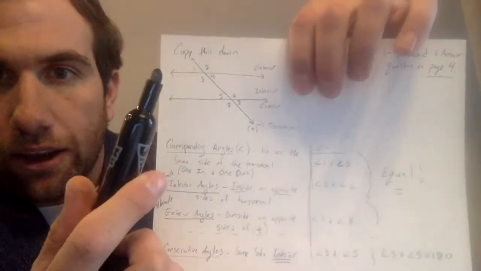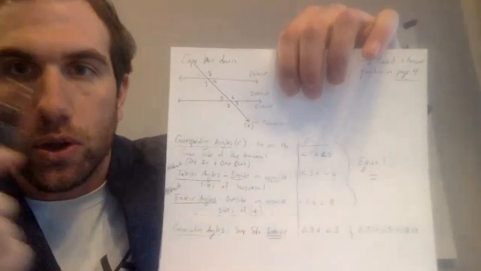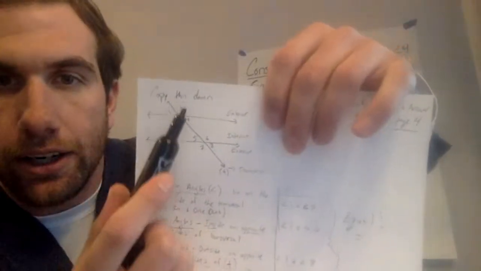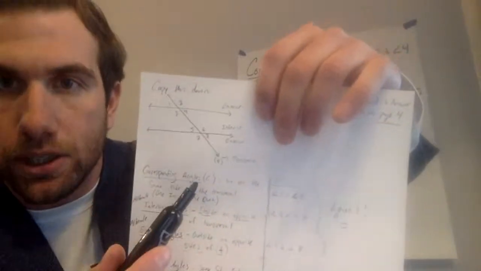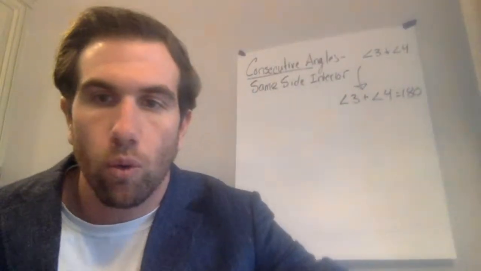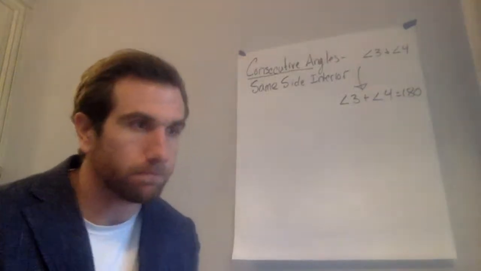The 2 parallel lines act like bread. Alternate, okay? Opposite sides of that transversal. Those are alternate interior. They're also the same. Alternate exterior, they're on the outsides of the parallel lines. Opposite sides of the transversal, they're also the same. And we just did consecutive angles.